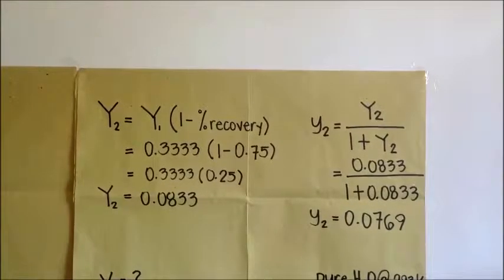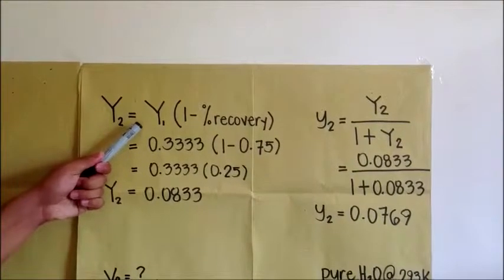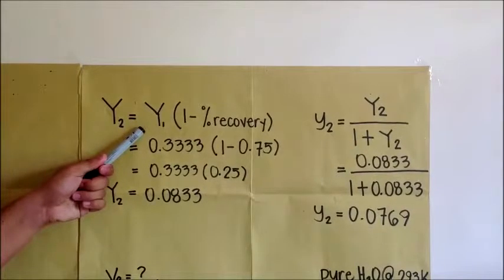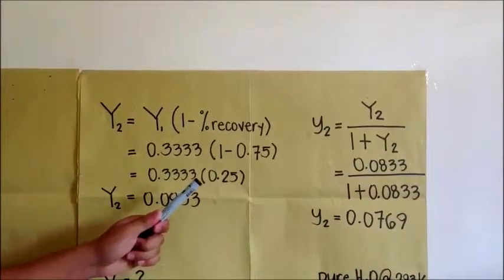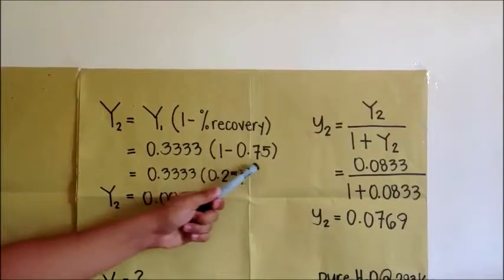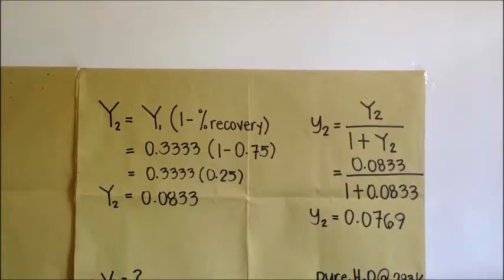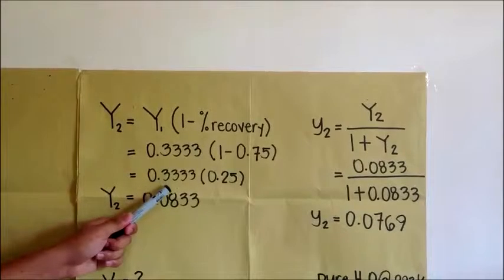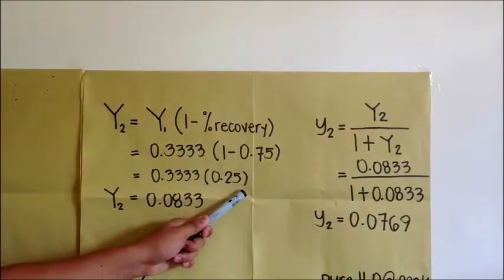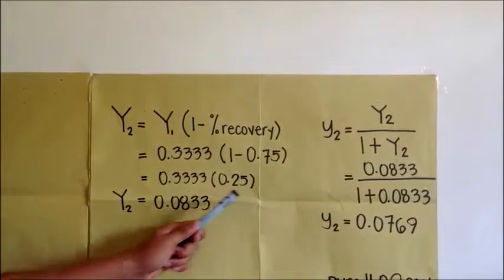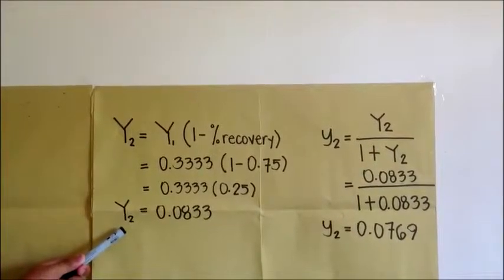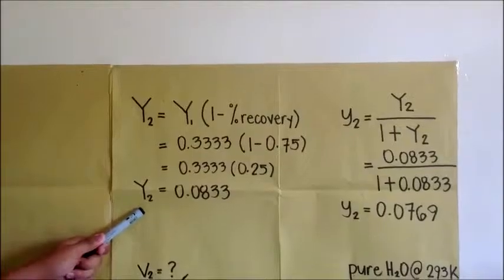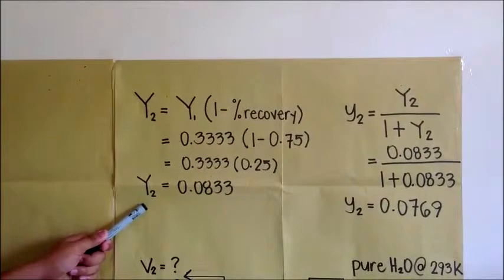For our problem, we know that the big Y1 has a value of 0.3333. So we multiply it by 1 minus 0.75. We have 0.3333 times 0.25 and has a value of 0.0833, which is our dry basis concentration of our effluent gas.